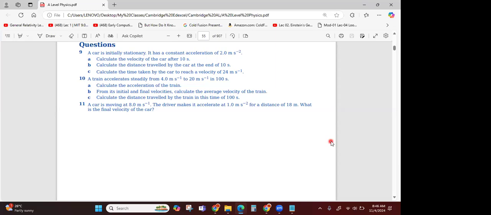For part A, I got V is equal to 20 meters per second, and for part B, I got S is equal to 100 meters.